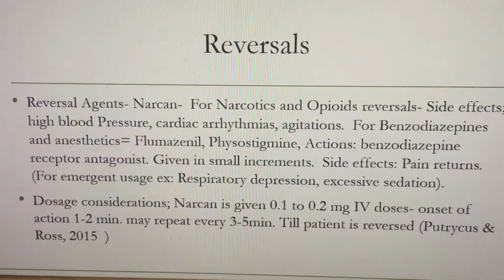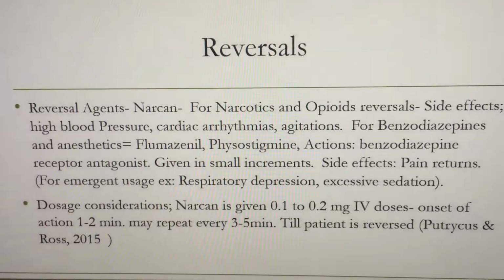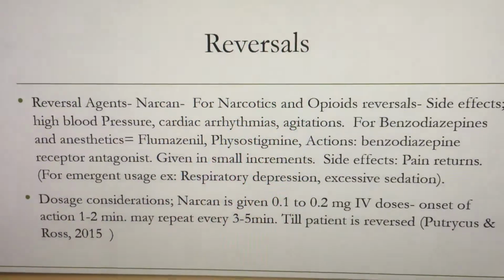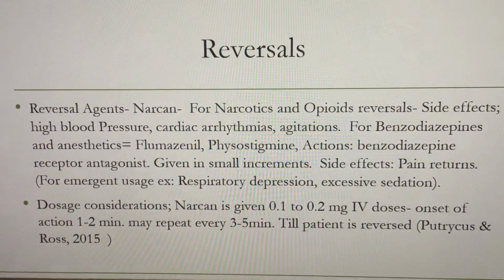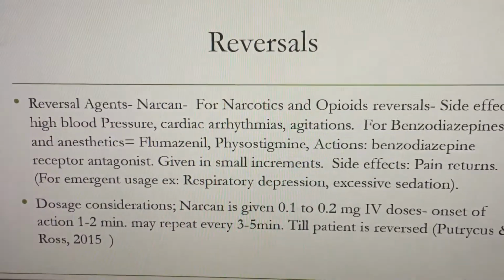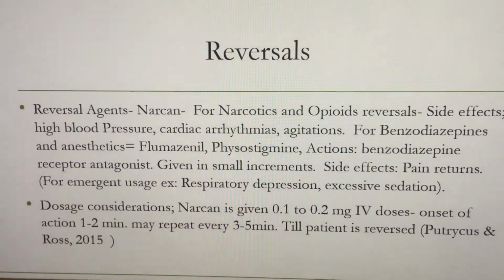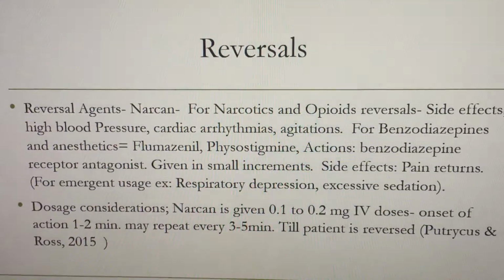Narcan is given in small increments, and we can repeat every 3 to 5 minutes till the patient is reversed. You can see it's given in 0.1 to 0.2 milligram IV doses. Onset of action is 1 to 2 minutes, and repeat every 3 to 5 minutes till the patient is awake.